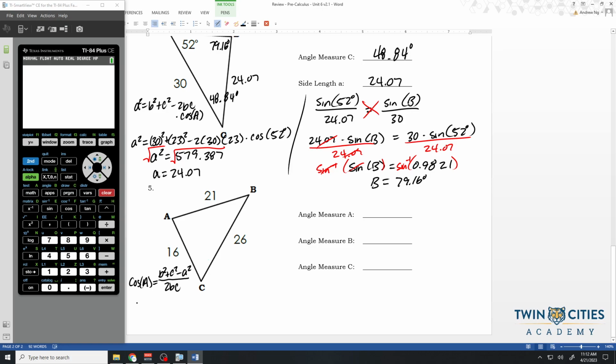Okay, so cosine of A, this will be B is 16, C is 21, so 16 squared plus 21 squared minus A is 26, so 26 squared over 2 times 16 times 21.